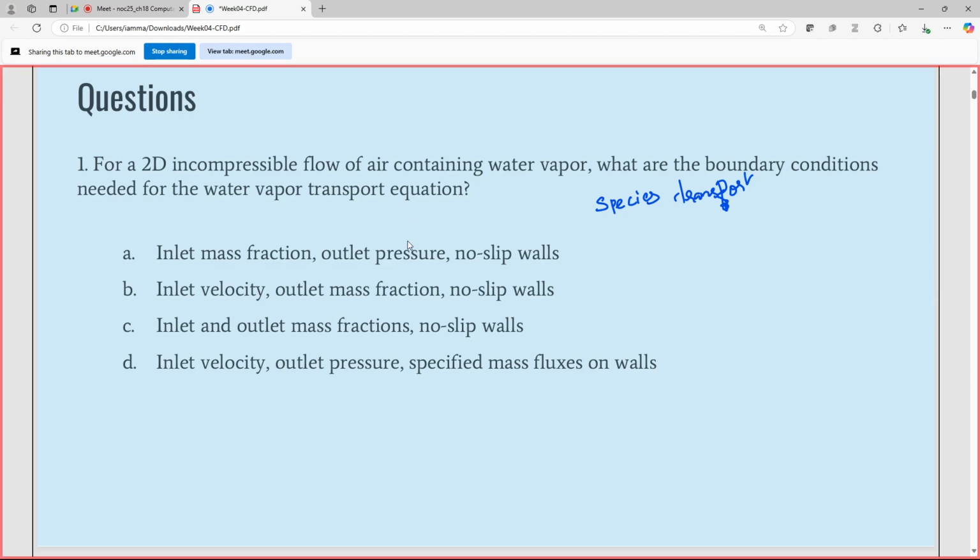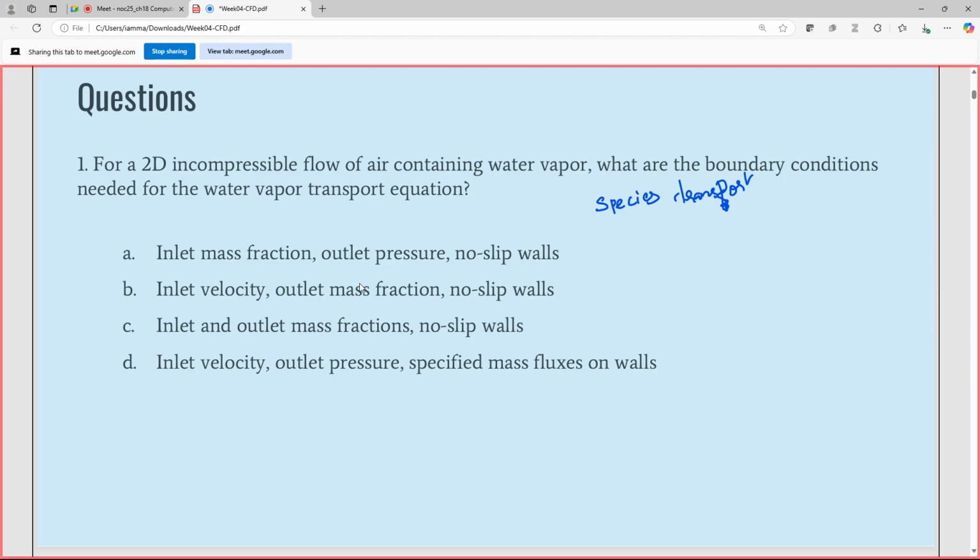But since this is species transfer, there is more than one species, so the mass fractions play a particular role in the transport.